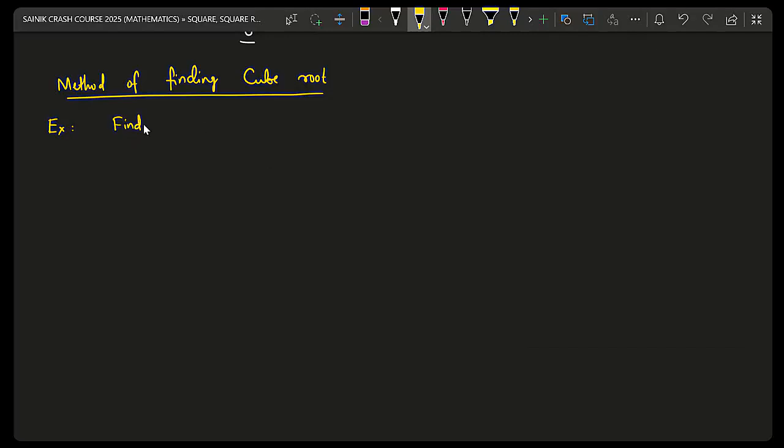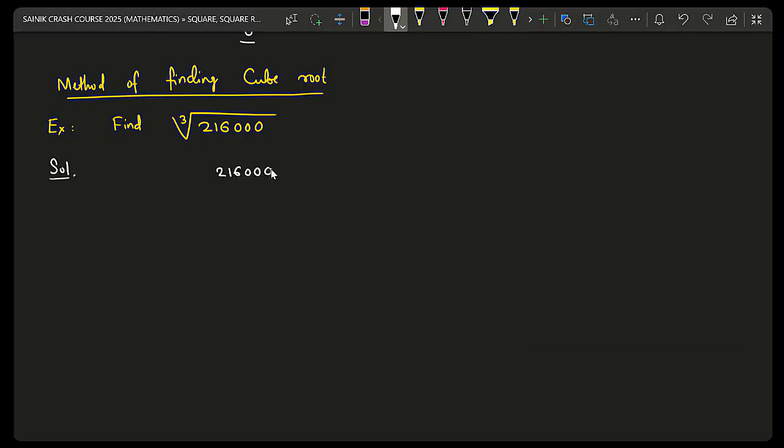Let me consider a question here. Find the cube root of this number. Let's find the cube root using the prime factorization method.